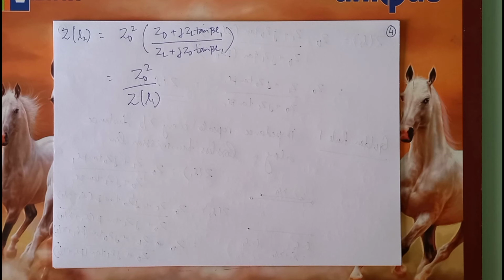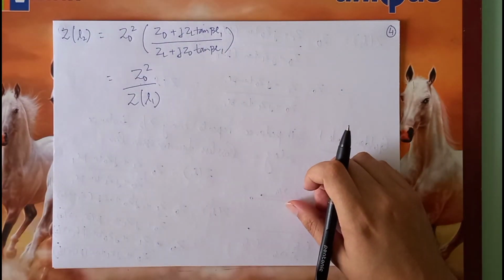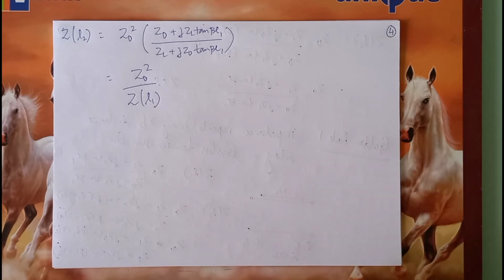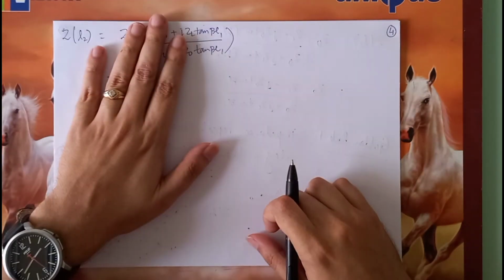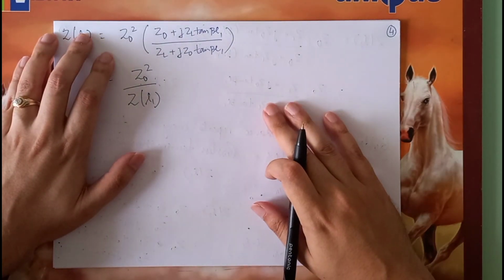So while this is indeed a much simpler expression as compared to what we had early on, this is still not as interesting as one would have hoped it to be.